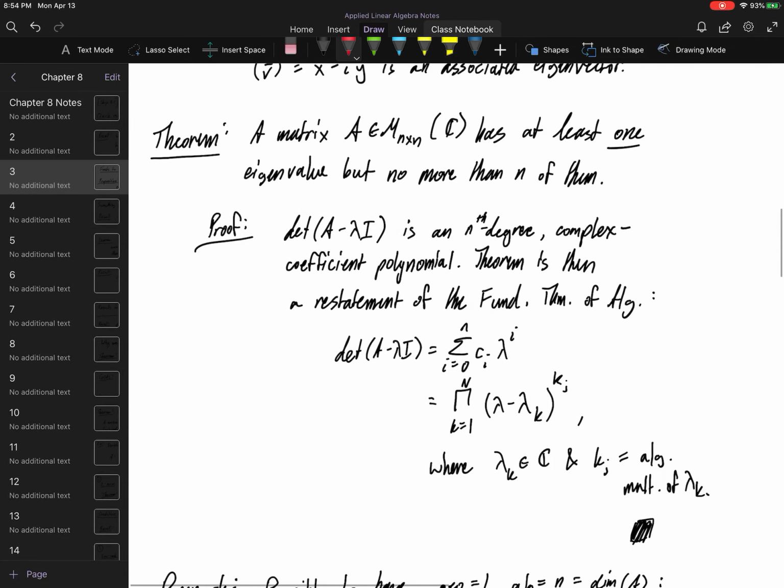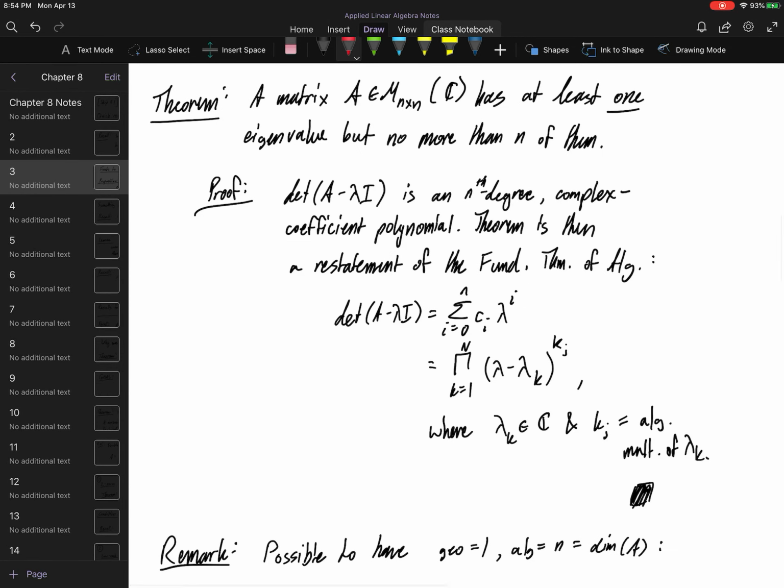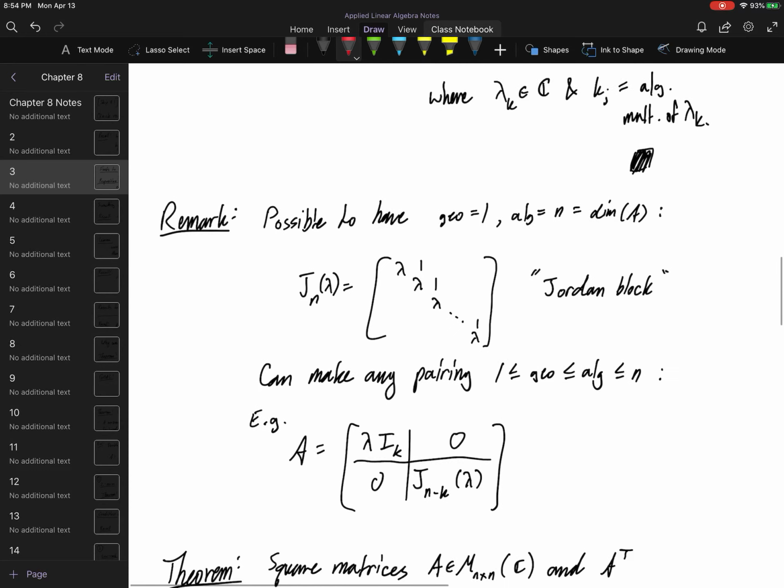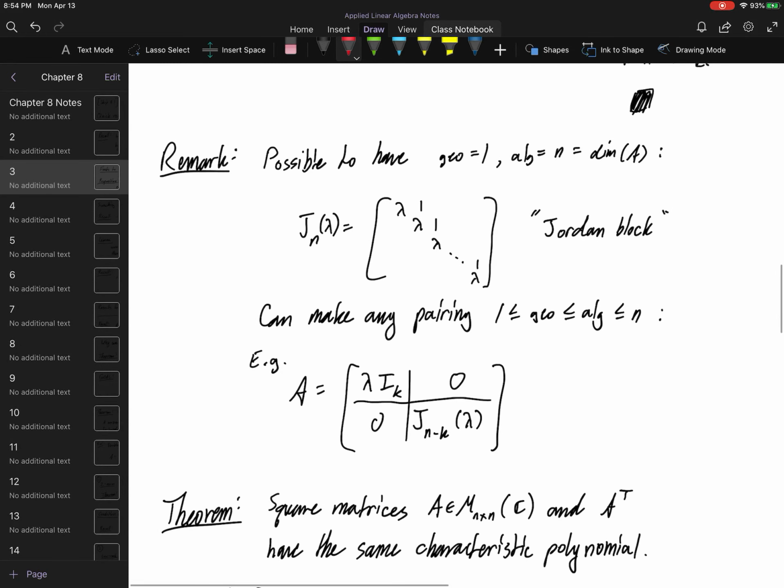Okay, so this really is just a rehash of the fundamental theorem of algebra, that every polynomial can be factored into linear factors, lambda minus a complex number to some power. And it turns out that this power is the algebraic multiplicity of the eigenvalue. As a remark, it is possible to have geometric multiplicity 1 and algebraic multiplicity equal to n.